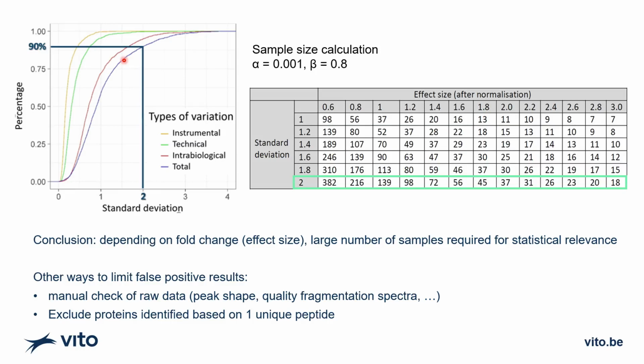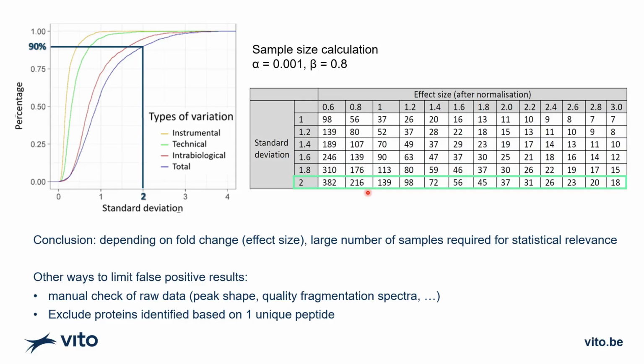This table is just a generic table for the parameters described here. Depending on the effect size, the fold change of your protein, if you look at the lower row of the table, you see that when the effect size gets smaller, you need to include quite a large number of samples. Other ways to limit false positive results is what we did, because it's very difficult to get 400 samples from a clinic for your first experiments.